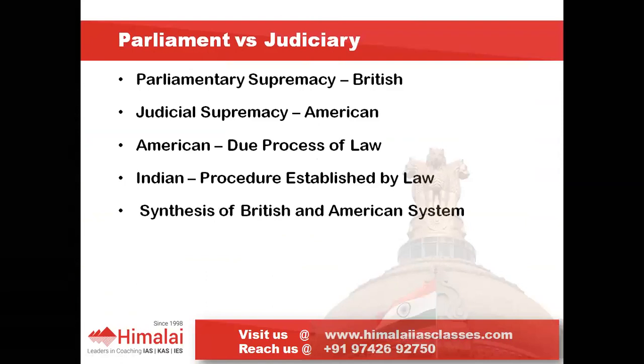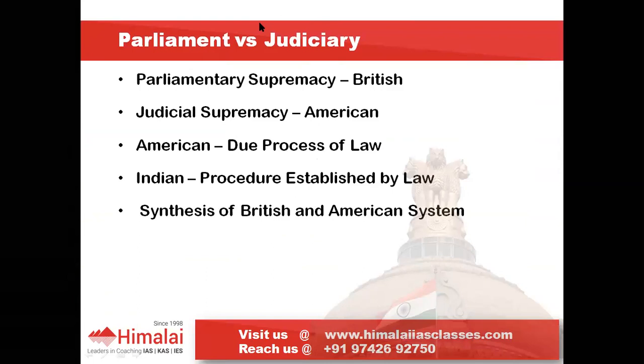Parliament versus judicial supremacy. So actually there are three organs of the government, as we all know: legislature, executive, and the judiciary. Executive has almost all the executive powers. So mostly all the modern countries have given more power to either legislature or judiciary in order to create a balance in the society.